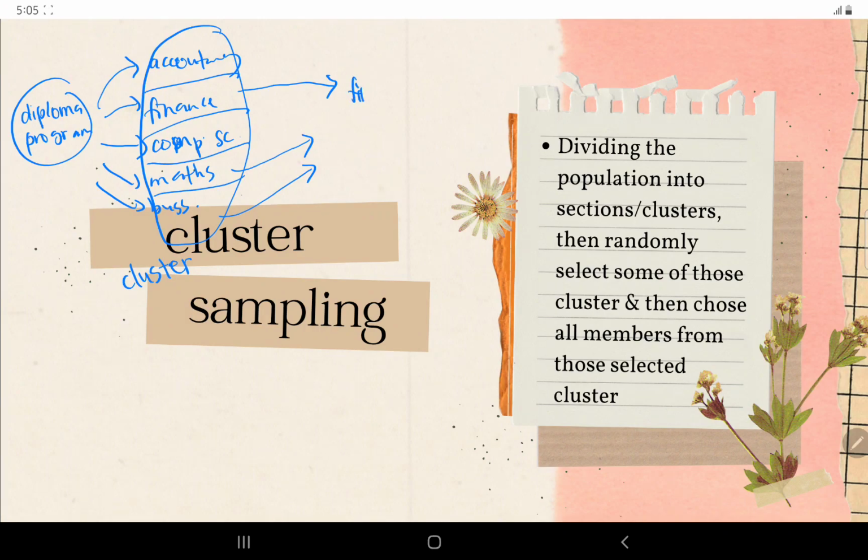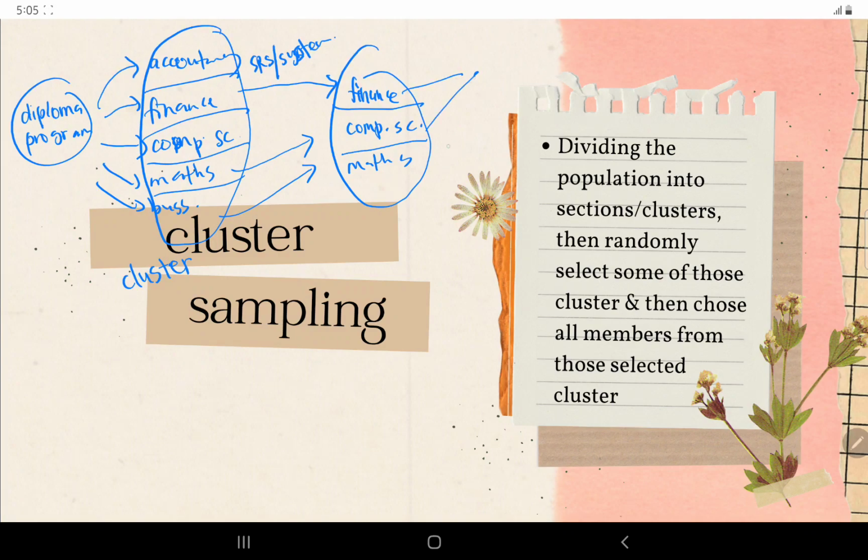Maksudnya kita ambil finance, computer science, maths. Okay, nak pilih ni, pilih 3 ataupun pilih 4 ke apa, ini menggunakan SRS ataupun systematic sampling tadi. Okay, then semua student daripada finance, semua student daripada computer science dan semua student daripada maths akan jadi our sample. Okay, itu cara cluster sampling. Dia lain daripada stratified sampling.